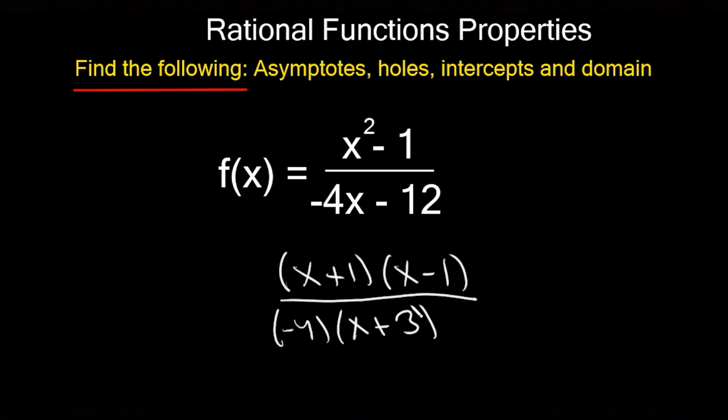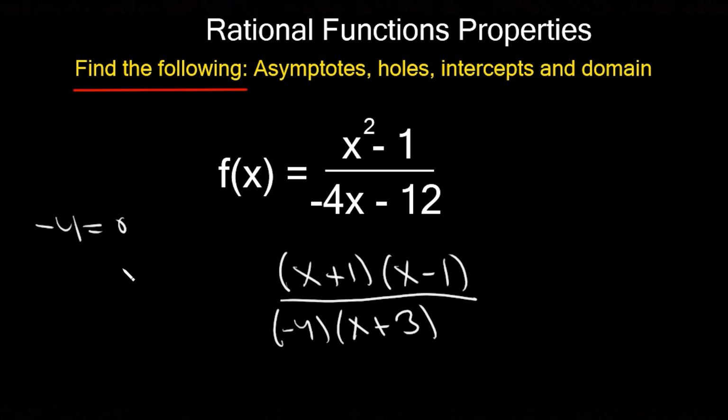It's completely factored. And then from here, if you look at what they're asking for: asymptotes, holes, intercepts, and domain. So your asymptotes are going to be vertical and horizontal here. Let's do the vertical asymptotes first, and that's really straightforward. You're just going to take the factors of your denominator, set it equal to 0, and solve. So I have two factors on my denominator. If I solve that first factor, I get negative 4 equal to 0.